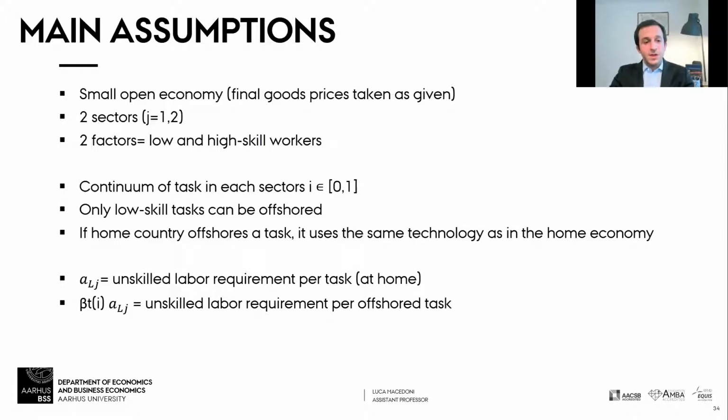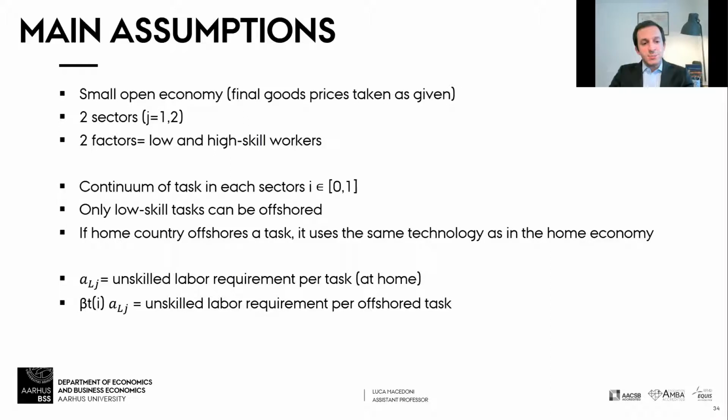Okay? In fact, the labor requirement for a task I produced abroad is not only the A_L^J, the labor requirement that you also need at home, but also this term beta times T(I). So beta is just a shifter, and combined with T(I) captures the cost of offshoring.